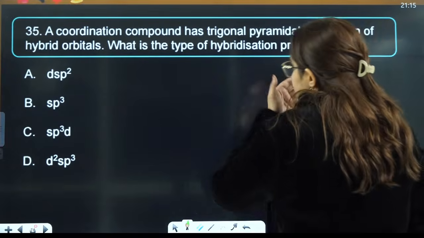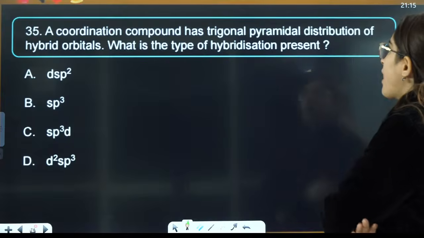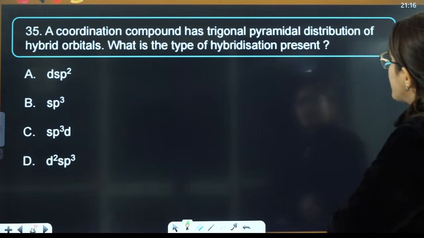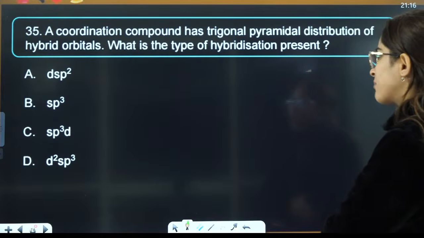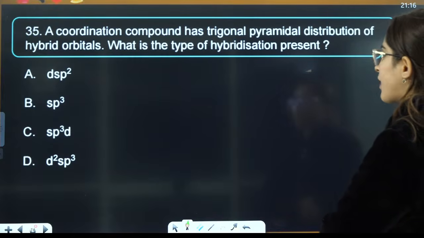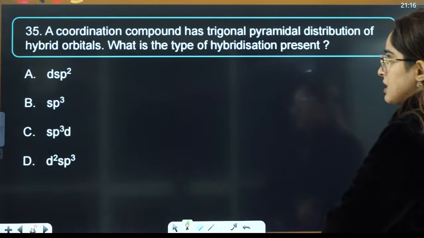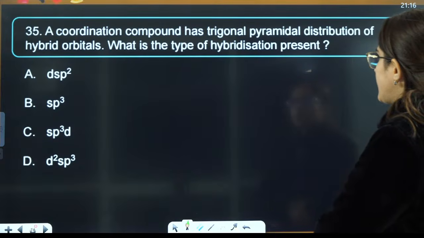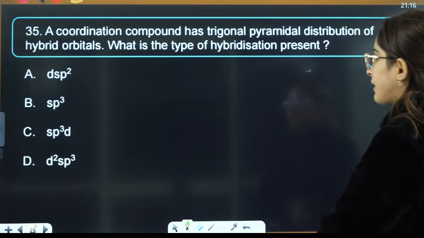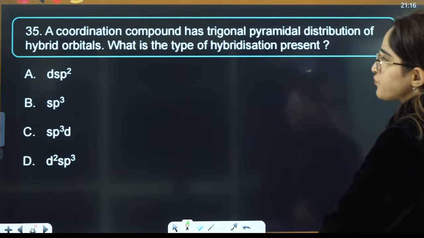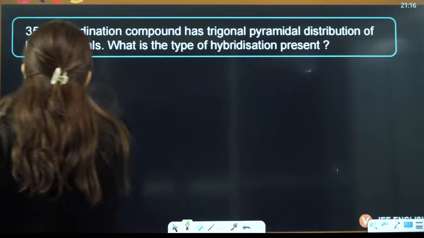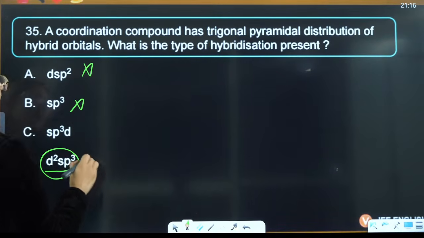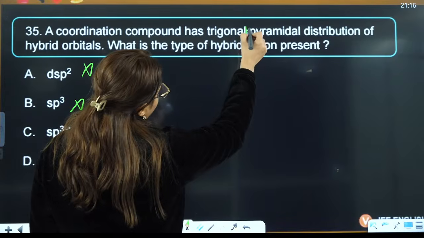Okay, next question. A coordination compound has trigonal distribution of hybrid orbitals. What is the type of hybridization present? Trigonal pyramidal? See, this is tetrahedral, this is square planar, this is octahedral. I think it should be trigonal bipyramidal.